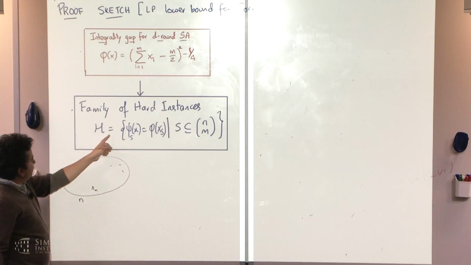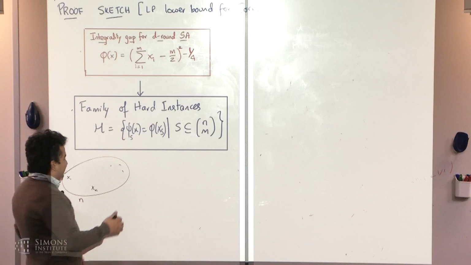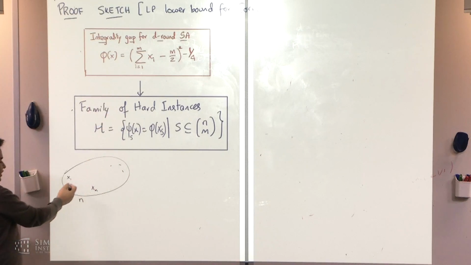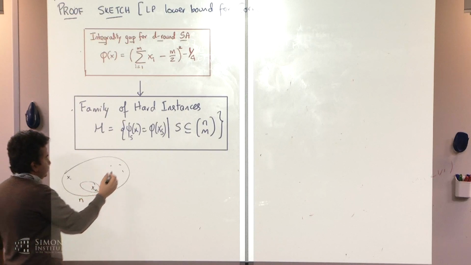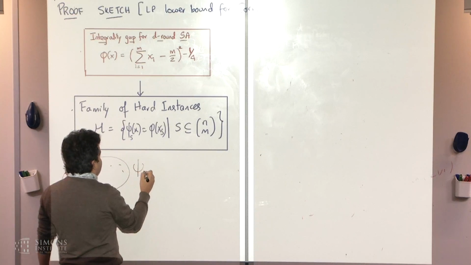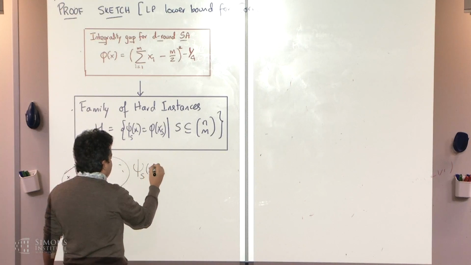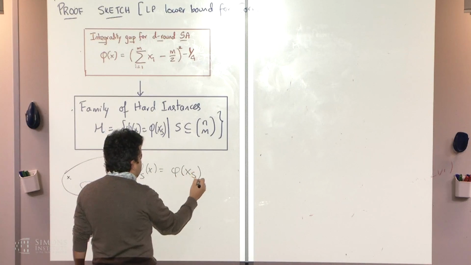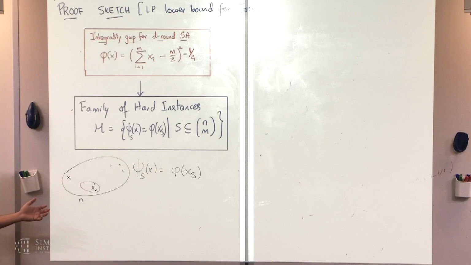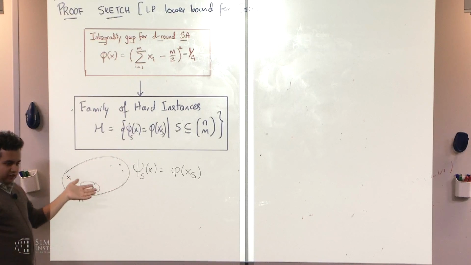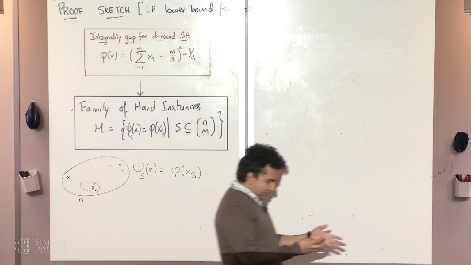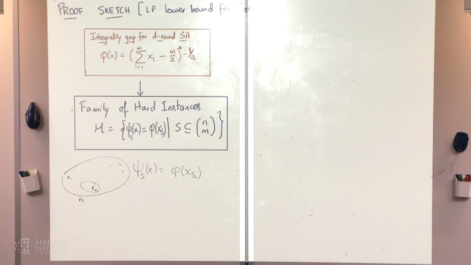So this family of hard functions literally just consists of planting this function on arbitrary subsets. psi sub S of x is just you take phi of x sub S. For every subset you get one such function, and every one of these functions is a hard function for Sherali-Adams, because we just took the same function and planted it in different places. But it's going to be useful that we have all of these together.